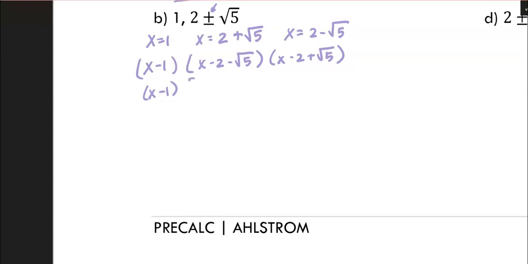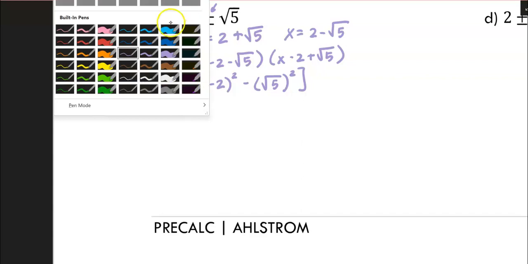The way that I did it was, so we had an x or minus 2. Go ahead and group those two together. That's going to be squared, and then minus squared. And since these are difference of squares, you can kind of see that.